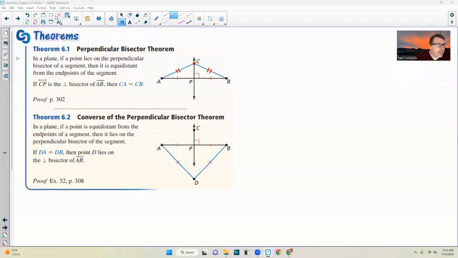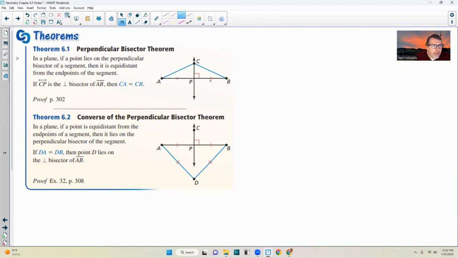Okay, so before we get into any examples, we'll take a look at these two theorems. They state that in a plane, if a point lies on the perpendicular bisector of a segment, then it's equidistant from its endpoints. So let's take a look here. What we have is a line perpendicular to a segment. So that 90-degree angle confirms that this line is perpendicular to segment AB.